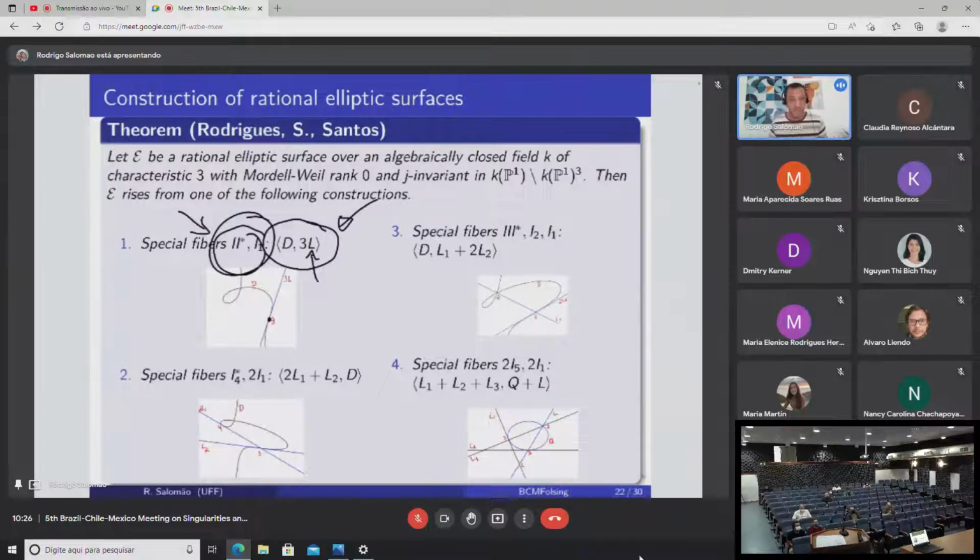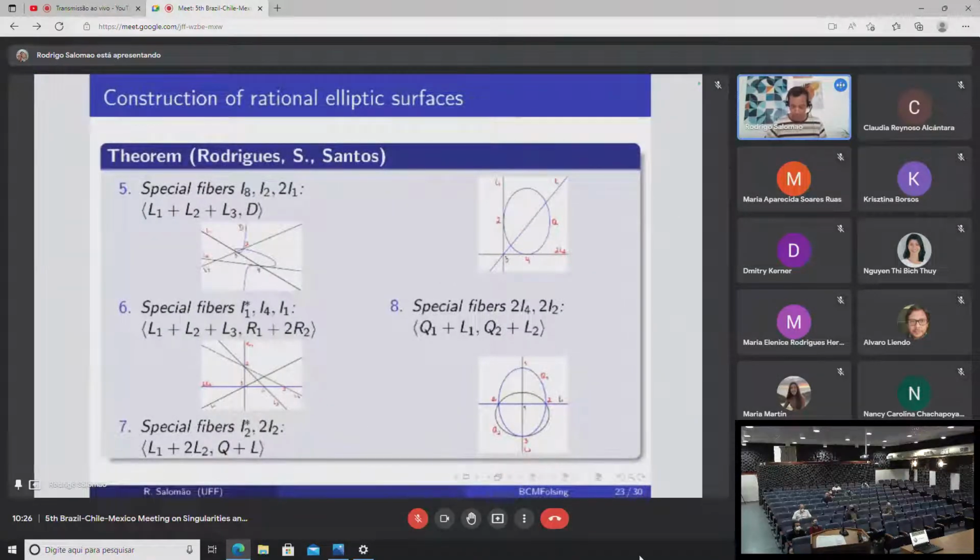And we can do this work for each special fiber described in the previous result, in order to obtain the description.